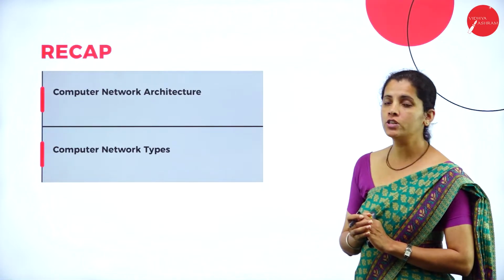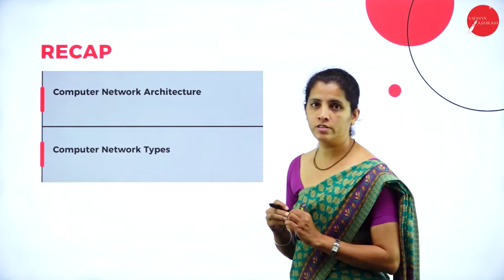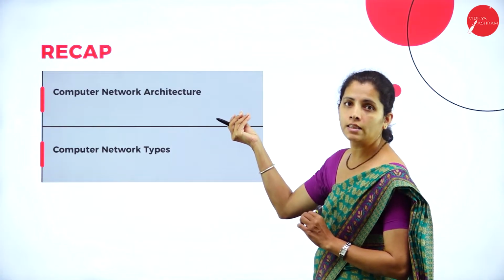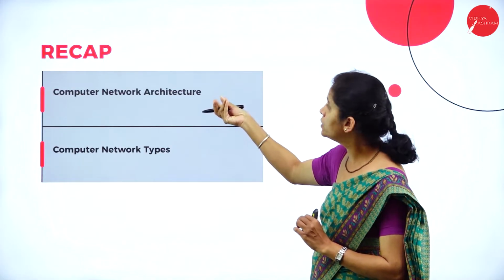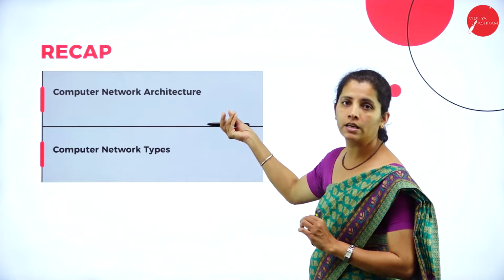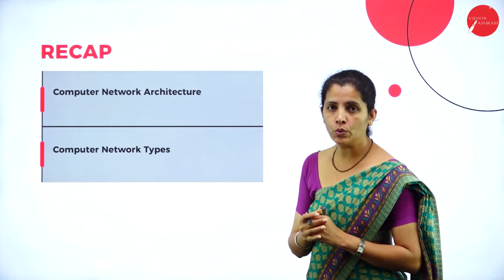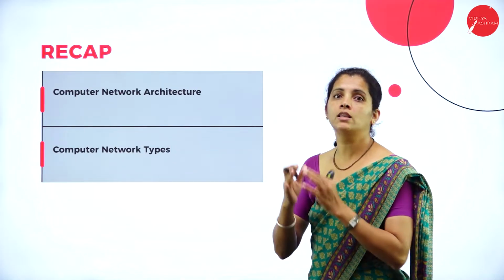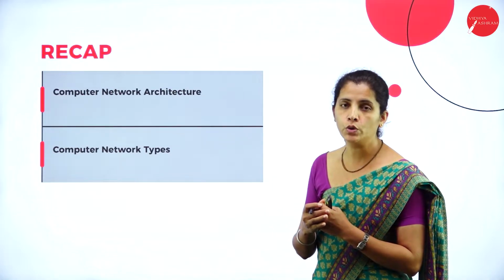In my last session, I started with computer network architecture. So what is computer network architecture? It is a component related to computer network, in the sense what hardware components we are going to use, what software we are going to have, what protocols, and what data transmission media we are going to use.